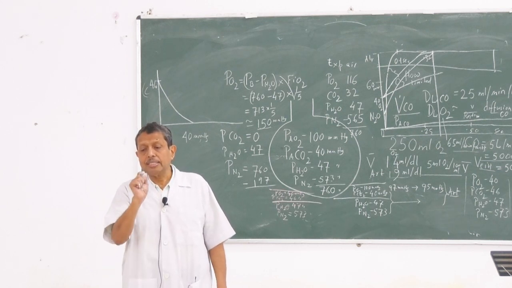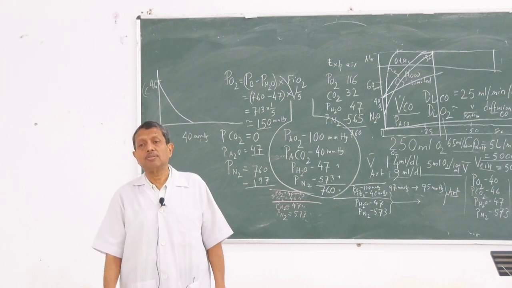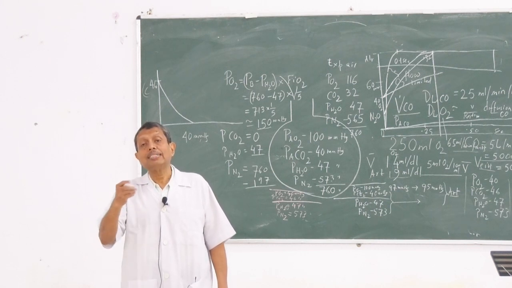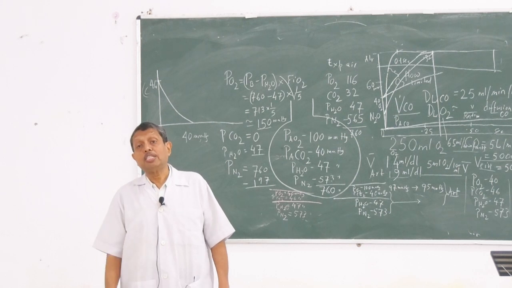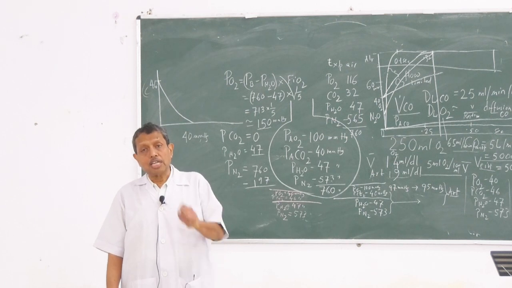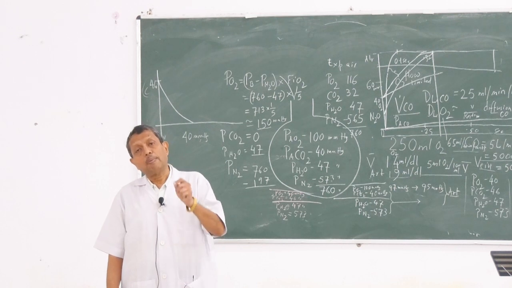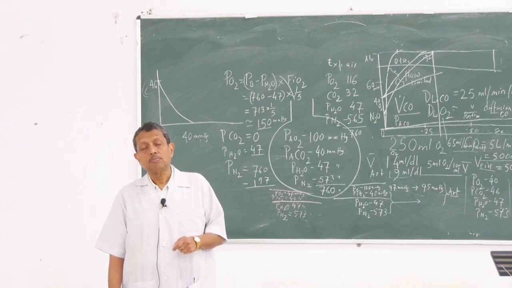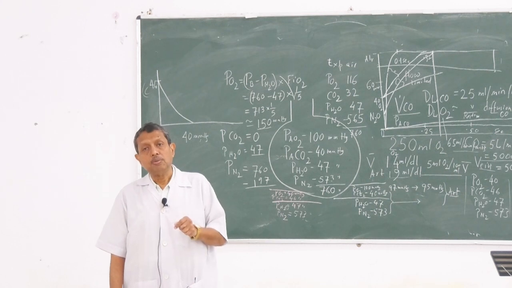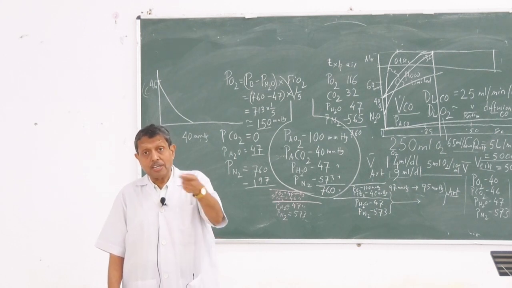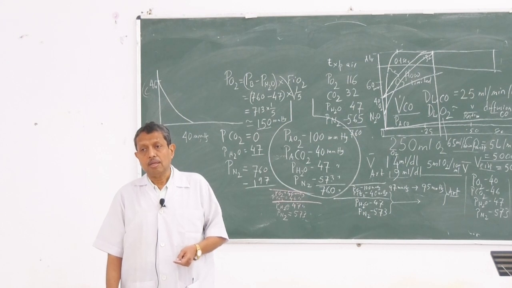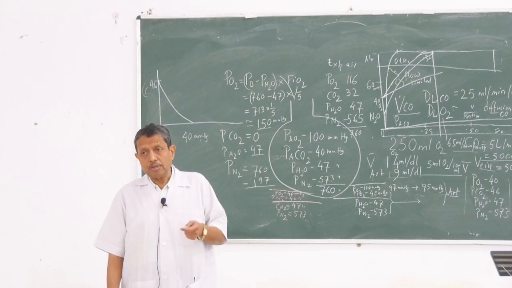Whenever there is a slight increase in carbon dioxide, there is a much greater increase in ventilation. And if the individual cannot do it himself, there is every scope for artificial respiration in this case. The physiological basis is that you can increase the oxygen content by supplying supplementary oxygen. But it is not possible in the reverse sense in case of carbon dioxide, because air does not contain any carbon dioxide.